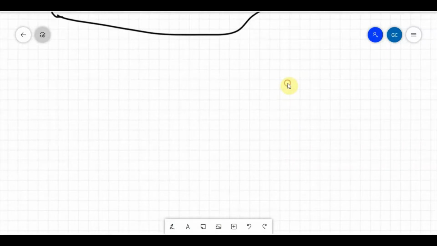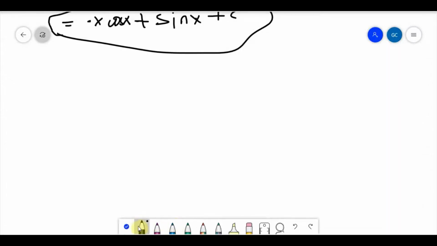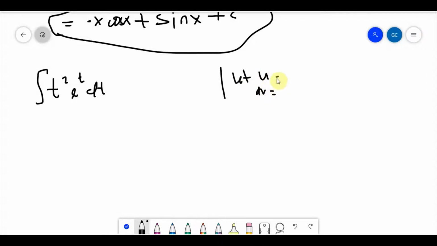Now what if I have, let's say here, the integral of t squared e to the t dt. So what could be our u? What is our u and what is our dv?